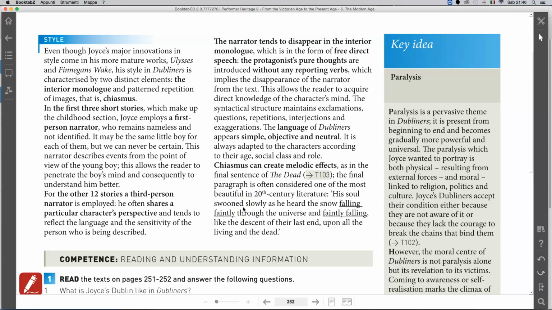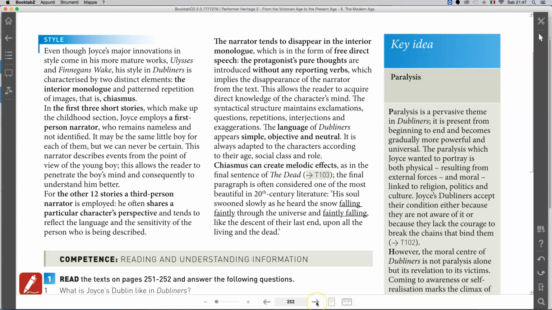Gabriel's soul is overcome with emotion, and he heard the snow falling through the universe, and falling like the descent of their last end upon all the living and all the dead. It is like the snow becomes universal and falls upon all the living and all the dead.